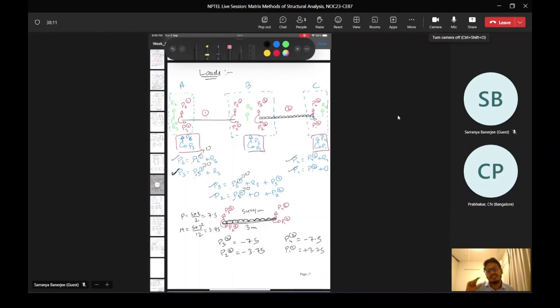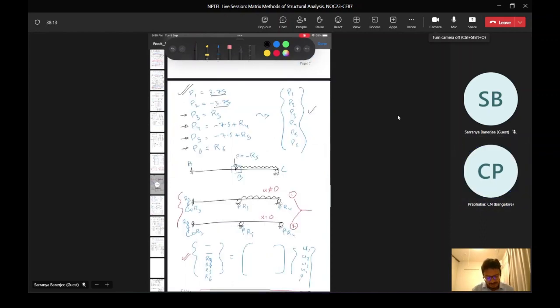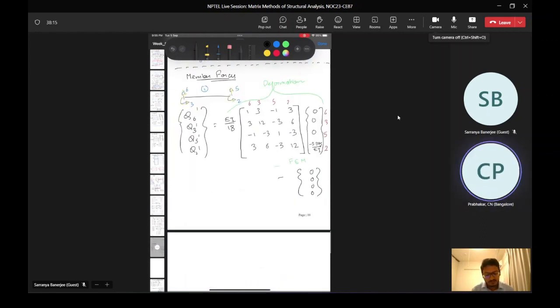I want to keep the directions consistent and then use the different deformation and fixed end moment. But basically, you are right. It is actually add algebraically, not subtract. So very good. Thank you for pointing that out.